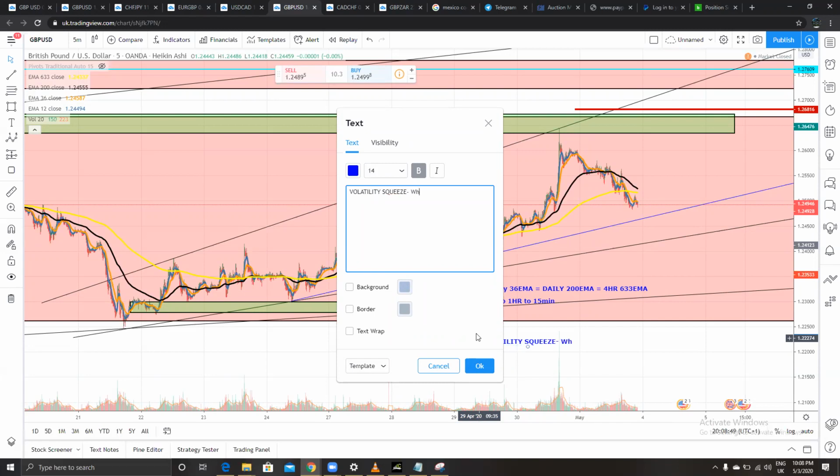Just refreshing the memory, when EMAs combine together, expect explosive moves.